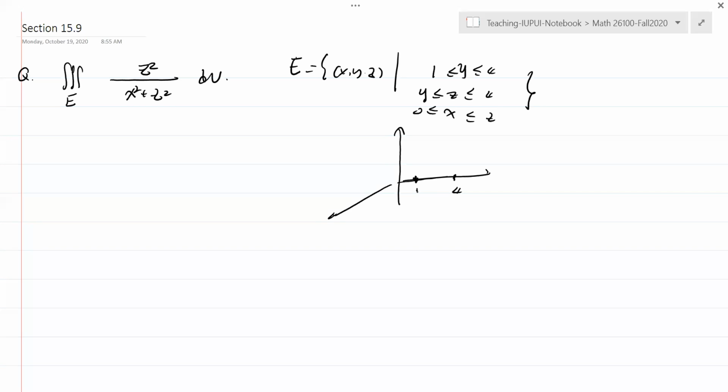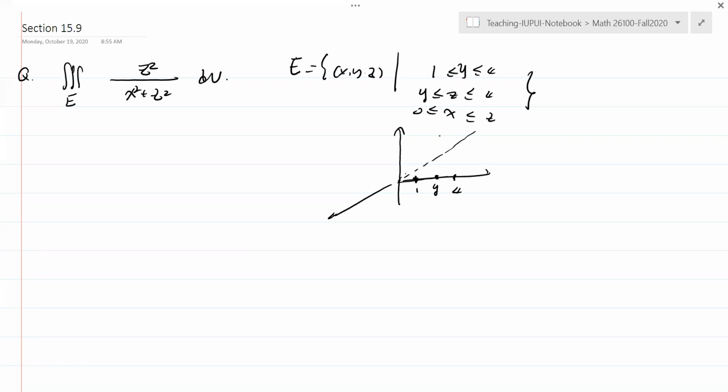So for any arbitrary y, your z will be between y and 4. When z equals y, this is a line.